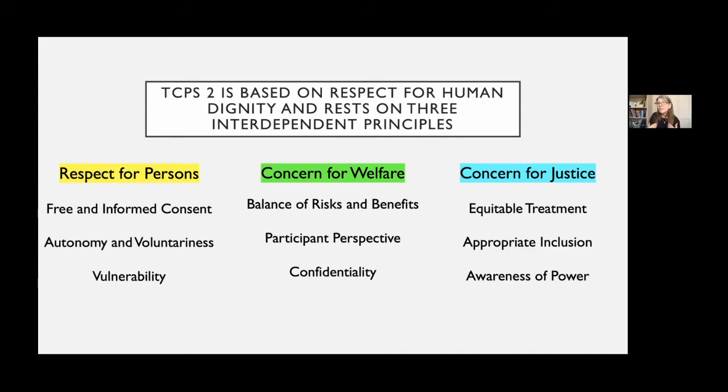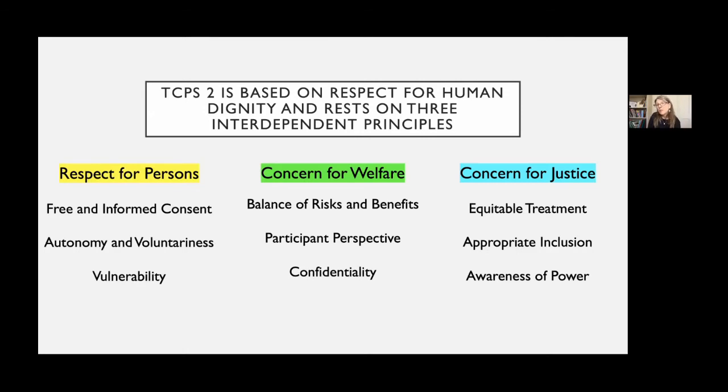And again, they need a voice in it, to be able to say that they can walk away at any time, and that they're not going to have an adverse event because of walking away from a project, and that a concern for their vulnerability is present. In this sense, vulnerability refers to people who perhaps are incarcerated and have less ability to make their own decisions about what they want to do because of constraints on them.